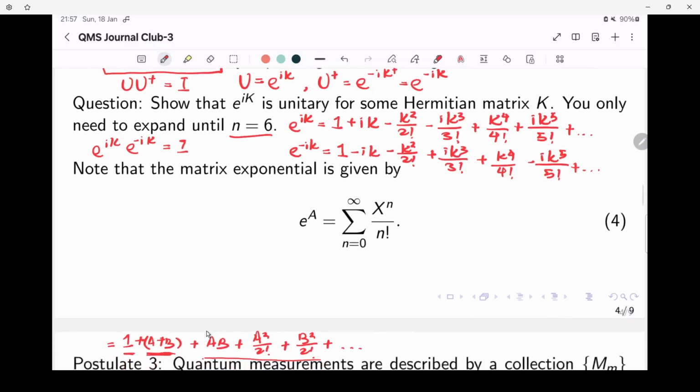That should be correct. So now you multiply these two together.